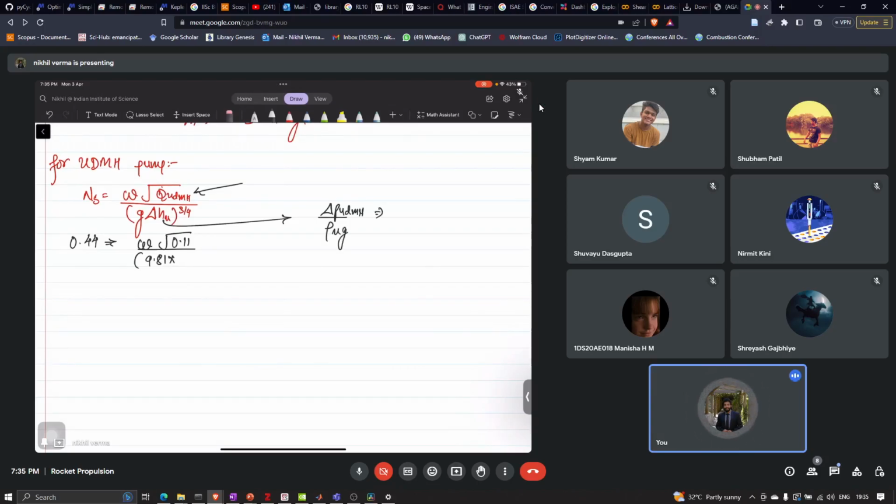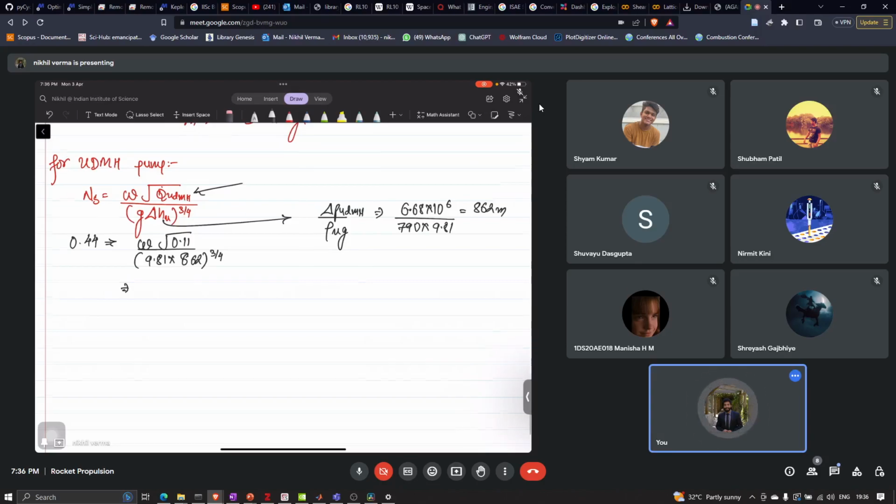This delta P we know is 6.68 times 10 to the power 6, the difference between the tank pressure. UDMH has a density of 790, and g is 9.81. This is 862 meters. So we have 862 to the power 3 by 4.